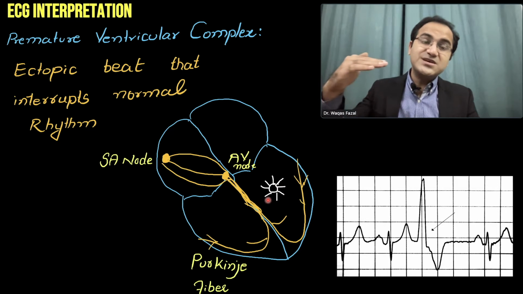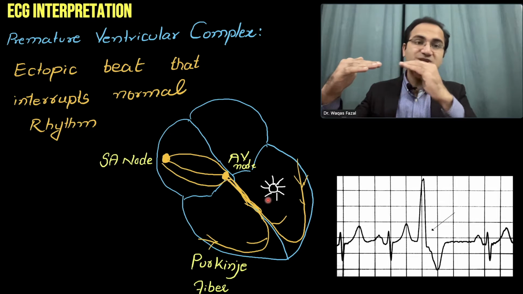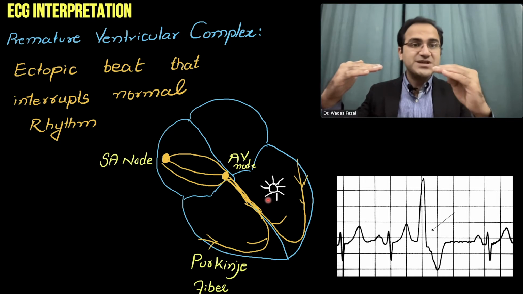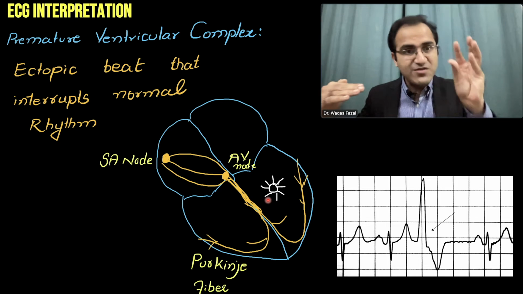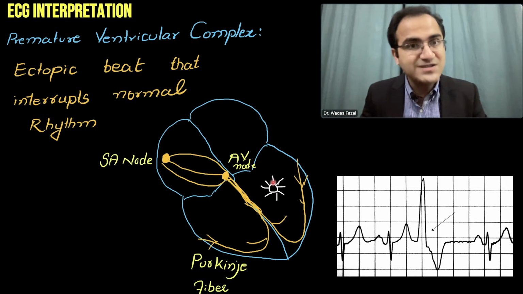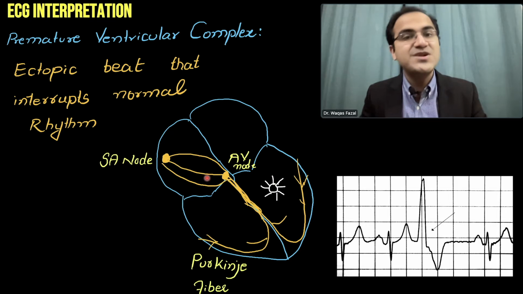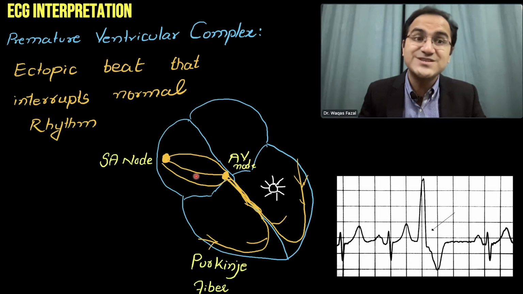The SA node is pacing the heart and causing the normal sinus beats. But in between those sinus beats, you will see an abnormal wave due to this ectopic focus. That ectopic focus interrupts the normal activity of the SA node. That is called a premature ventricular complex.